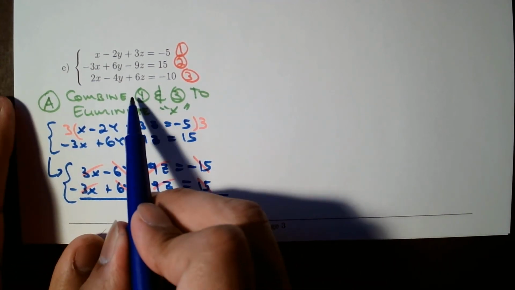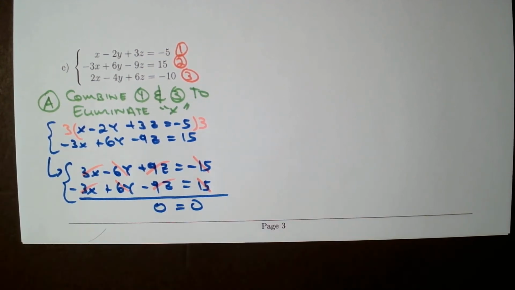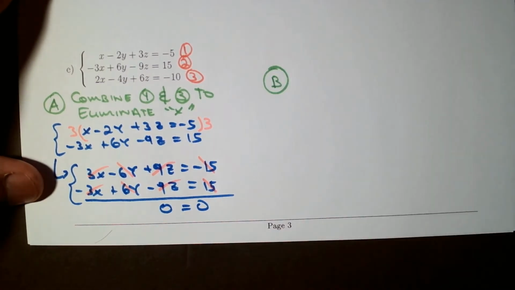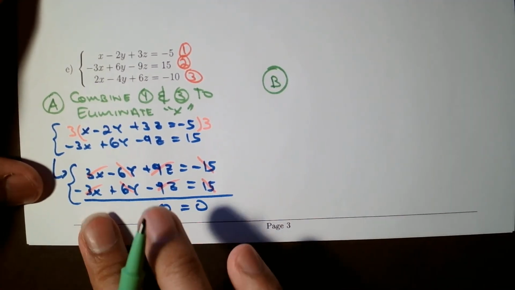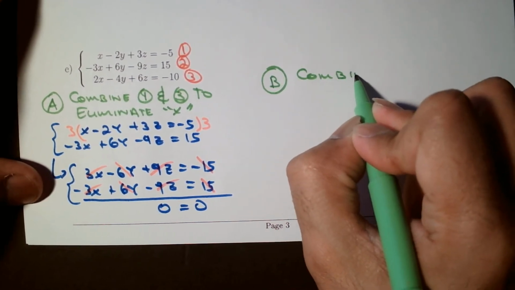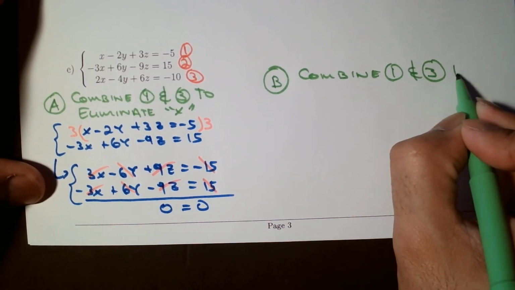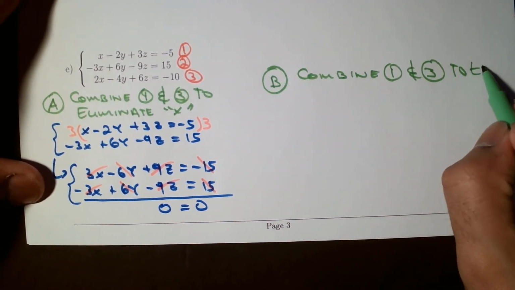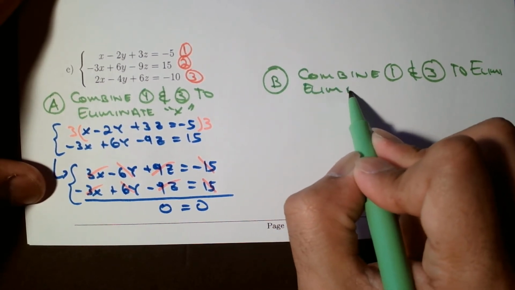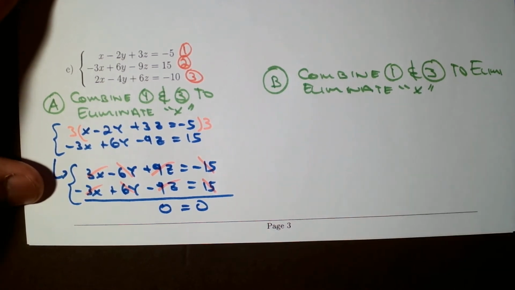So the combination of 1 and 3 is telling us that we have infinitely many solutions. Now, what about the second combination? We need to make sure that we also get the same thing here. So we're going to combine 1 and 2 to eliminate x.